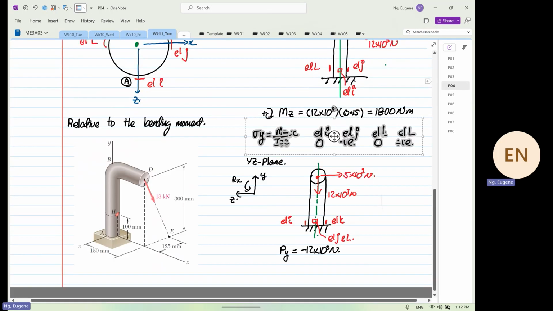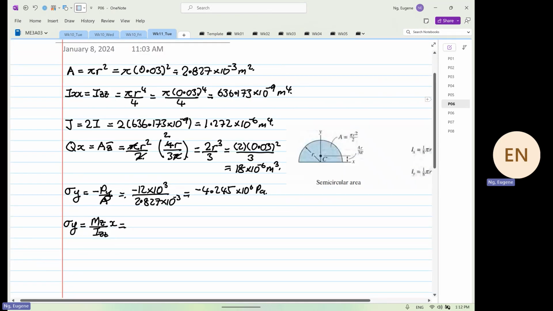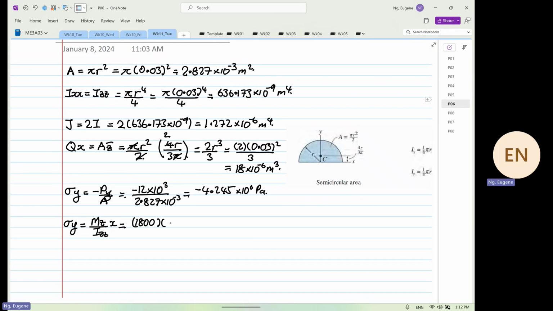MZ is equal to what? MZ is equal to 1800. Okay, so it's 1800 multiplied by the radius divided by IZZ. IZZ, IYY is the same thing, 636.173 times 10 to the power minus 9.